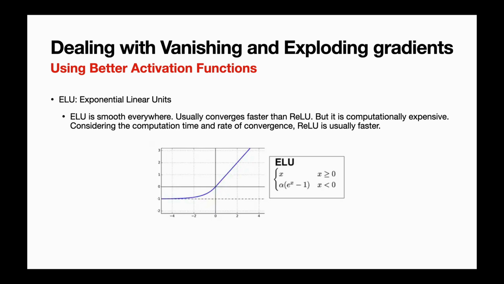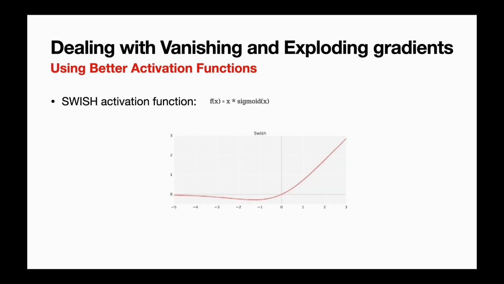So in practice nowadays, I don't think too many people are using ELU. But there was another one which I think, if my memory serves me well, was introduced by Google. Another one called Swish was introduced, x times sigmoid of x.